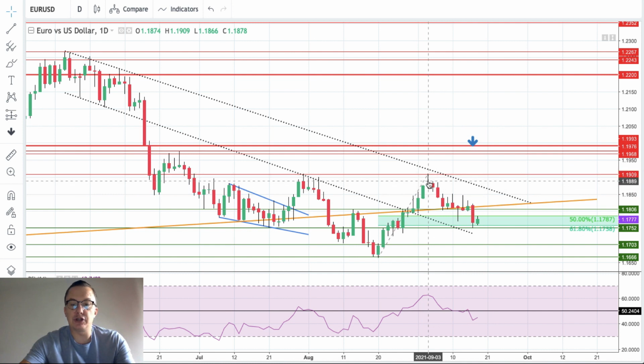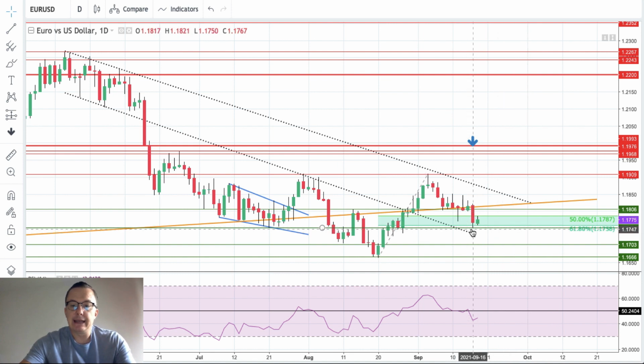Then we have a doji candlestick and then decline, and if we make a new low below 1.1666, that means we are having consecutive lower highs and lower lows, which means this is a downtrend.